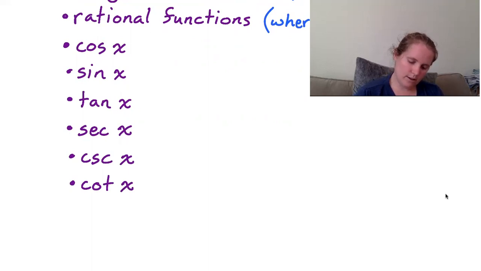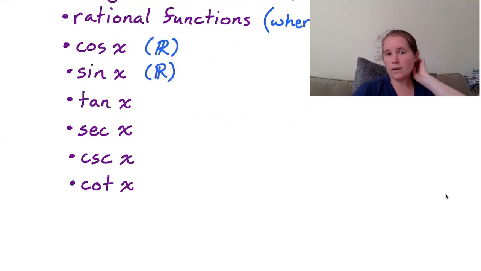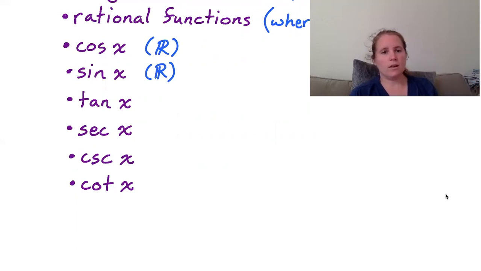So once again, cosine and sine, we're looking at the whole real number line. Tangent x, we run into problems every time cosine equals 0.